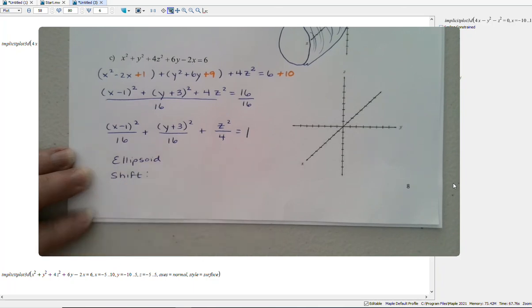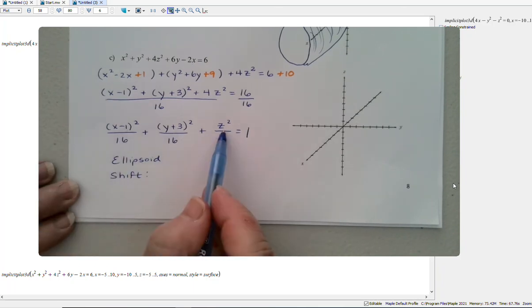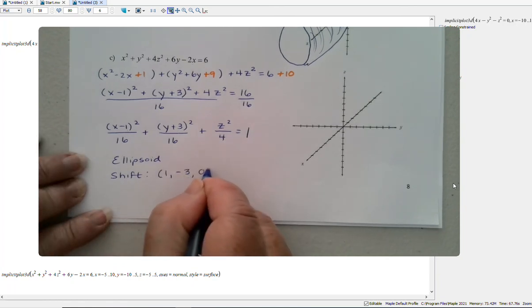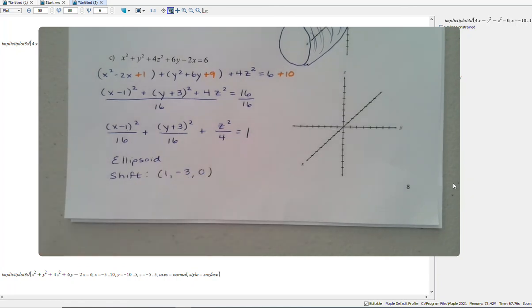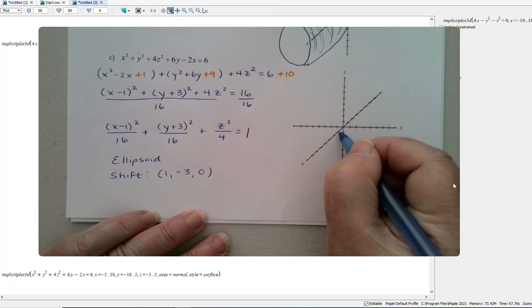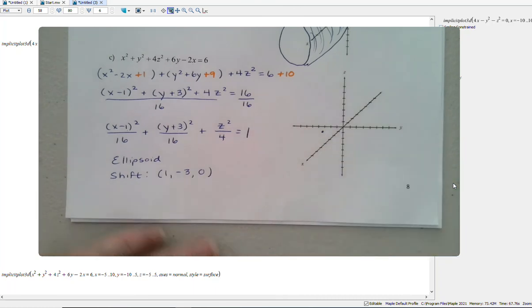As far as the shift, the center is going to be at 1, -3, 0. All right, I'm going to start by more or less locating that. In the xy plane, if I go out x equals 1 and y goes to -3, I'm going to be about here, approximately the center of my ellipse.